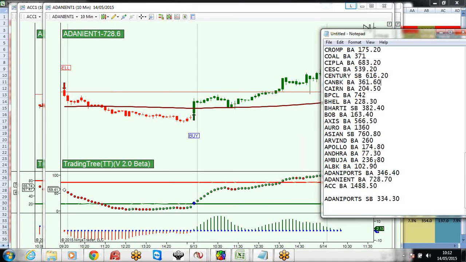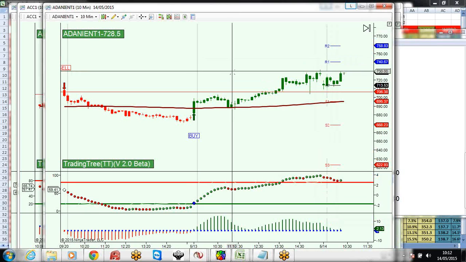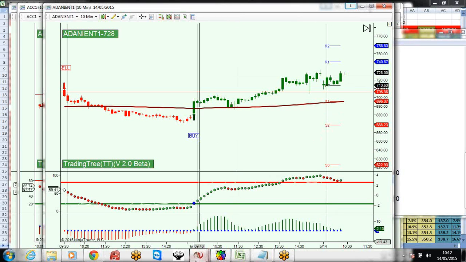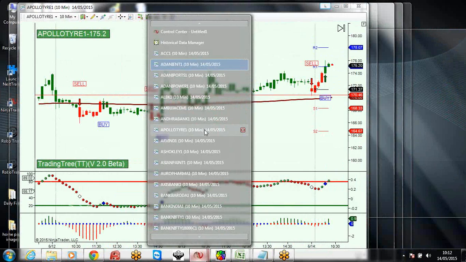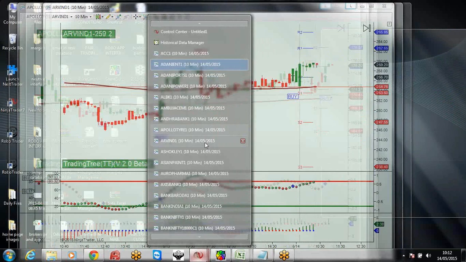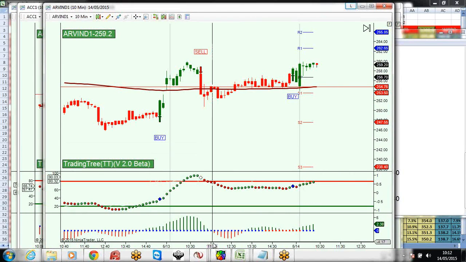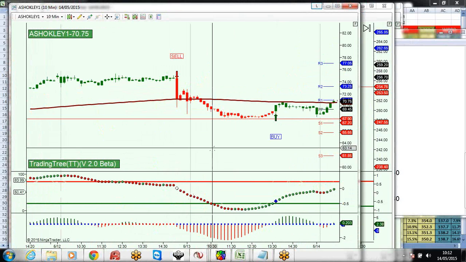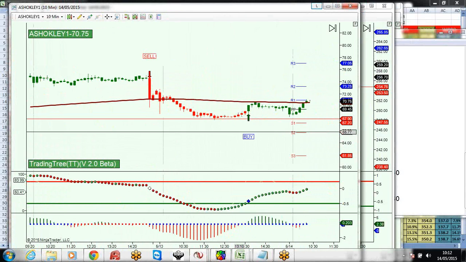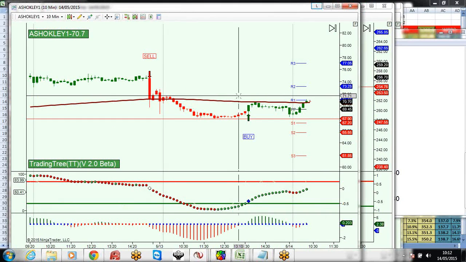Adani, our entry is 728.70. Ashok Leyland, you can buy above this price, 71.70.